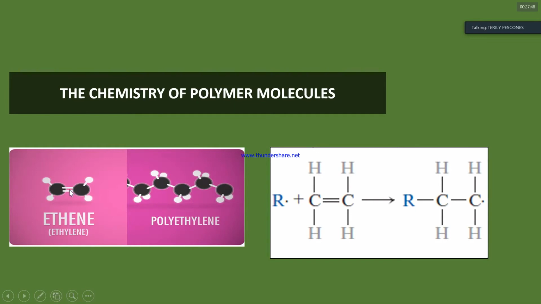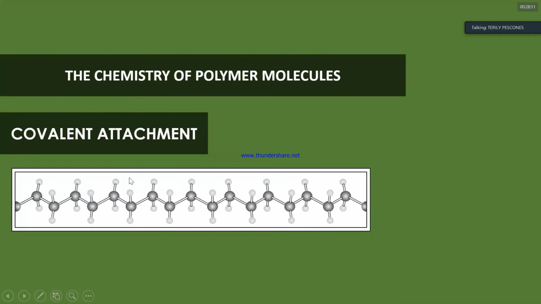Kasi nga it is an unsaturated and it can readily form bond with other atoms or other alkyl groups. So, ito si atom or alkyl group. Okay? So, makikipag-join siya dito. Pag nakapag-join siya, ito na ngayon ang nangyari. So, i-discuss natin sa susunod na slide.